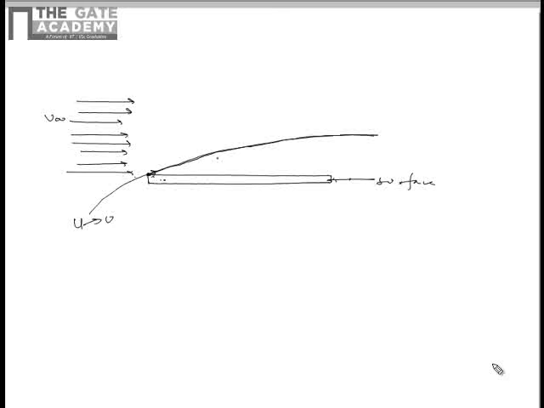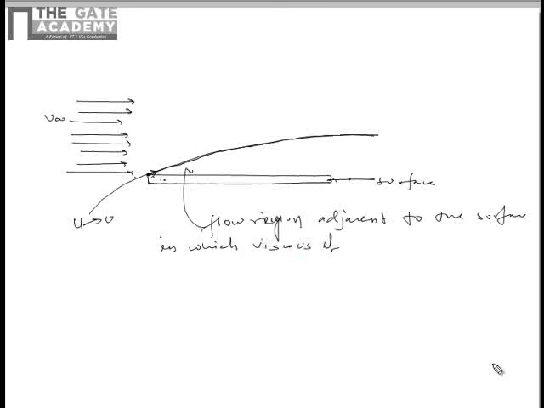So the flow region adjacent to the surface, in which viscous effects are dominant, is called the velocity boundary layer.